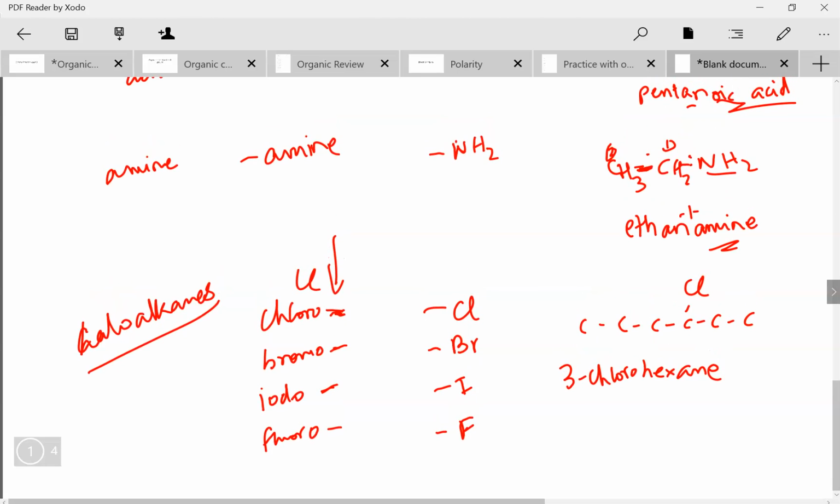So this is 3-chlorohexane. If instead of that 3-chloro, let's erase that, there had been something like this, this would be 2-iodohexane, right? Because there's an iodo group, it's on the second carbon, and it's 6 carbons, so it's a hexane, so 2-iodohexane is what that's called.